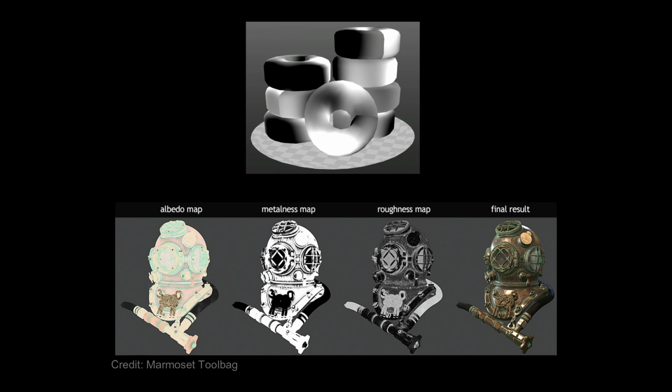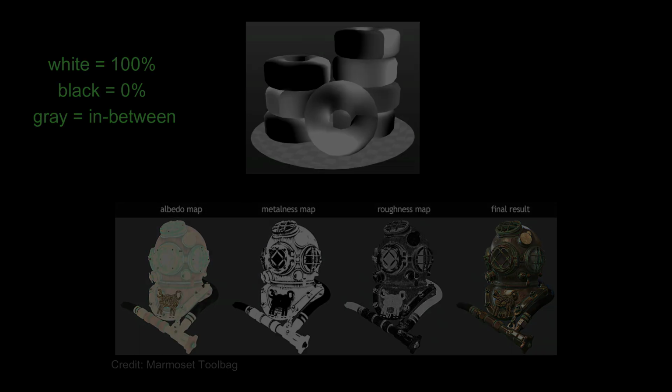This applies to masks as well as grayscale images like metalness and roughness. White is 100% visibility of a layer, 100% metalness, and 100% roughness, while black is 0% visibility of a layer, 0% metalness, and 0% roughness. And then shades of gray represent values in between 0 and 100%.